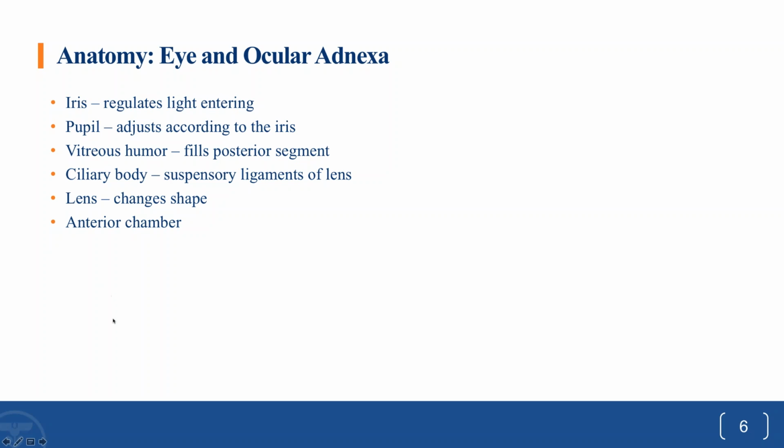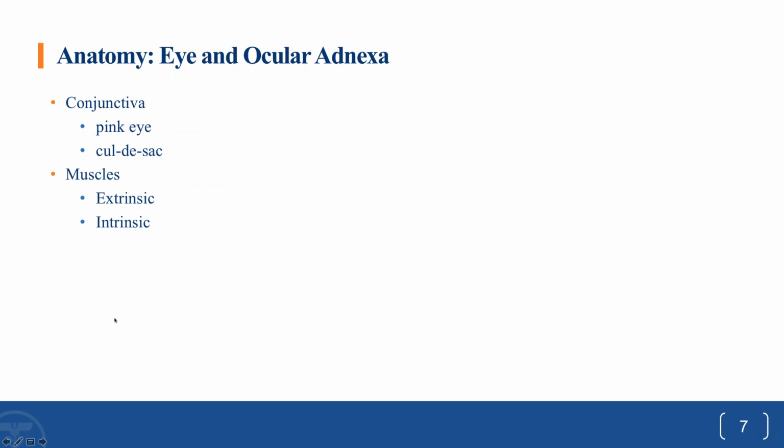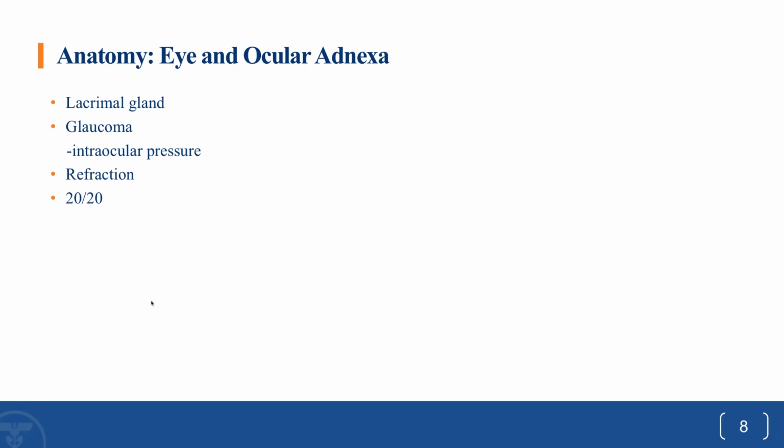So it's very interesting to do. I know a lot of you weren't excited about that. Conjunctiva, some people have heard of conjunctivitis or the pink eye. And then the muscles of the eye, extrinsic, intrinsic, outside, inside. These are just some anatomy. Make sure you're reading your PMCC textbook.